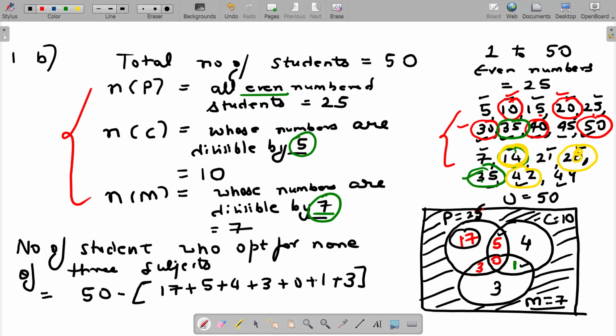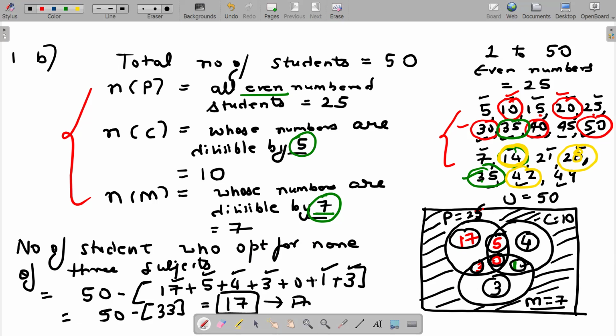That means this plus this plus this plus this plus this plus this plus this. What do I get? It's 17 plus 5, 22, plus 4, 26, plus 3, 29, 30, and 33. My answer is 50 minus 33, which is 17. This is my answer. 17 students in the class opt for none of the 3 subjects, physics, chemistry, and maths.